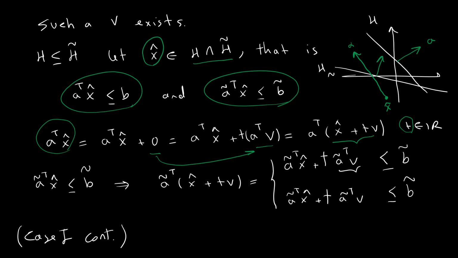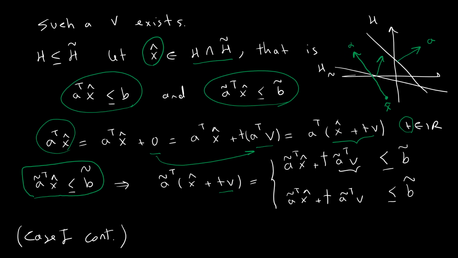Now, I want to examine what is going on with H tilde. With H tilde, a point is here and it satisfies that inequality. Now, if I add that direction to the left side of the equation, then we are going to get two different values.